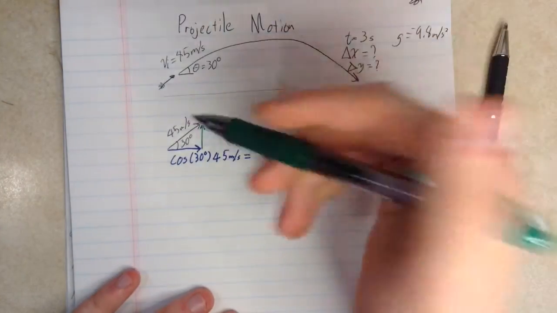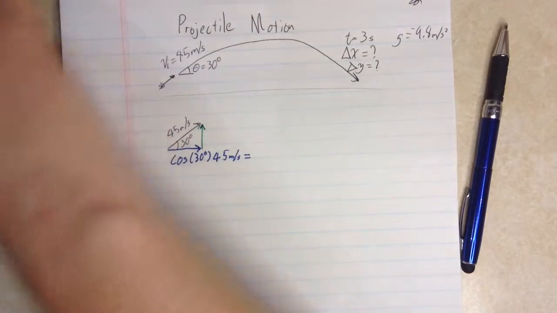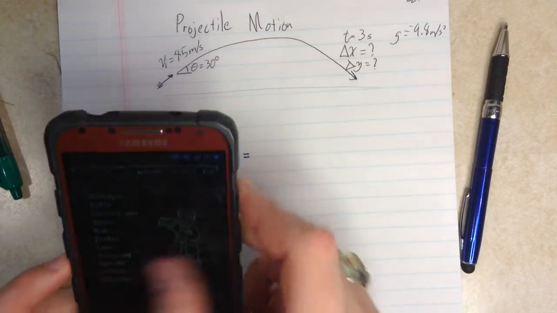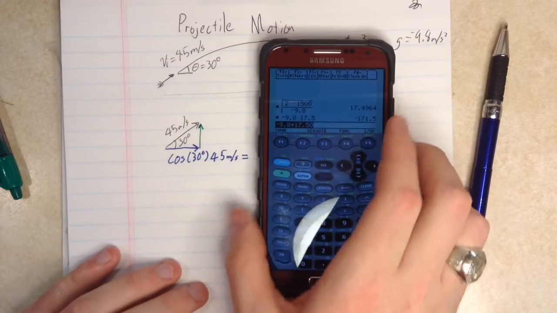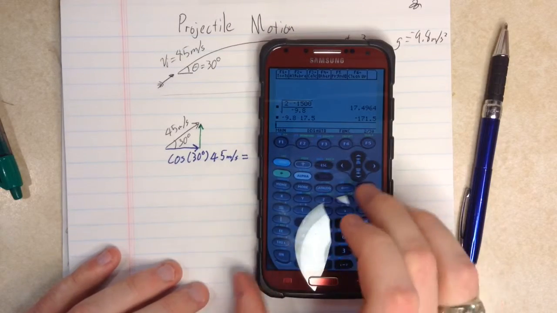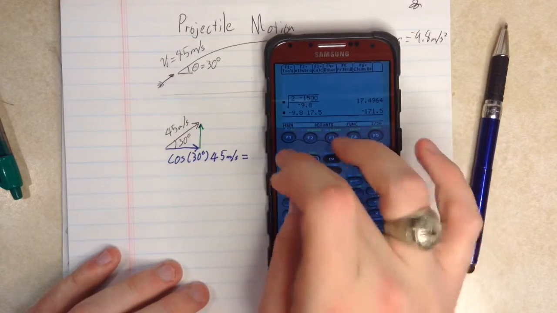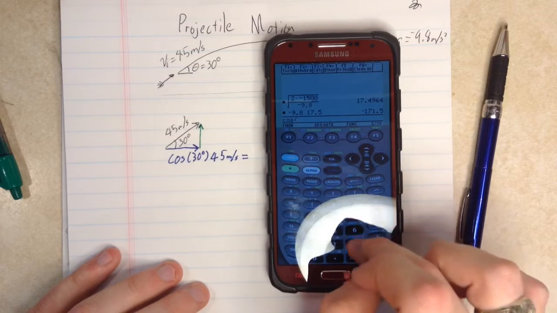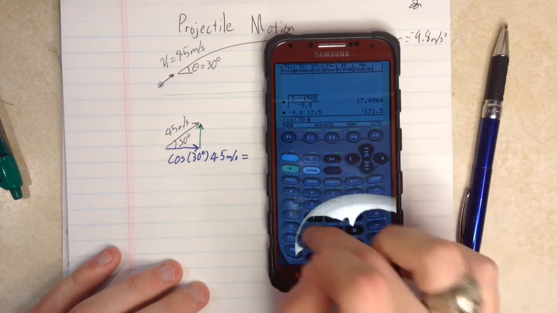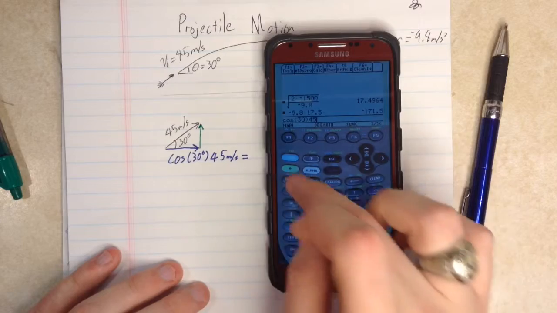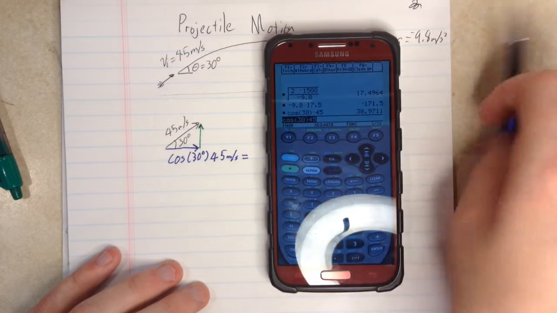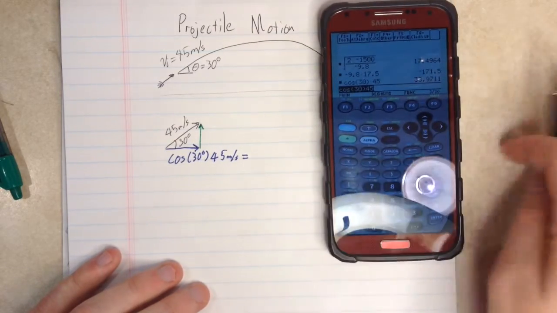And in just a moment we'll throw that in the calculator. Let's go ahead and do that actually. So we have cosine of 30 times 45 gives us 38.97.